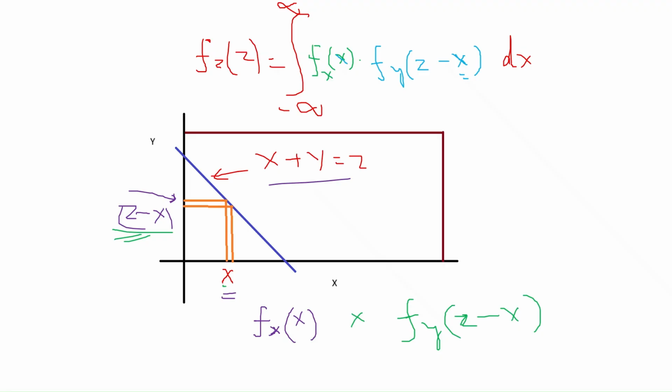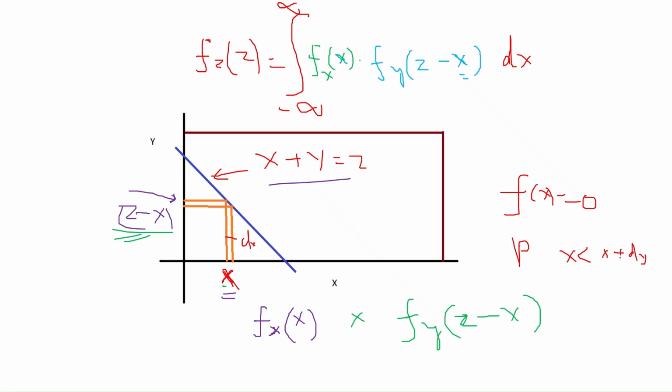Now I should point out that there are some nuances which I skipped just to keep it simple, such as that we don't really calculate the PDF over a point. F of x would technically be 0. It should be the probability that x is between x and x plus dx, with width dx.